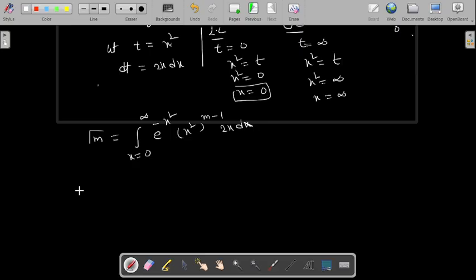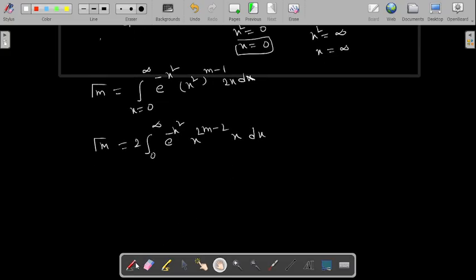So gamma m equals integral 0 to infinity e power minus x square, x power 2m minus 2, with the 2 outside, times x dx.